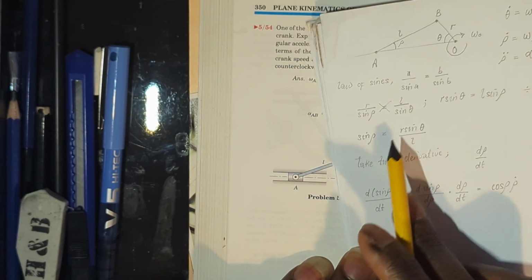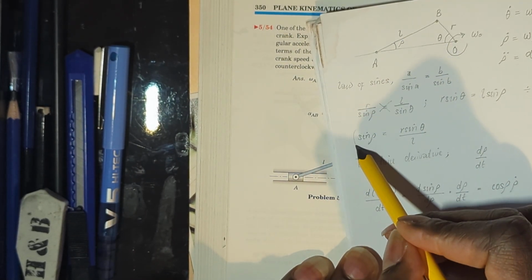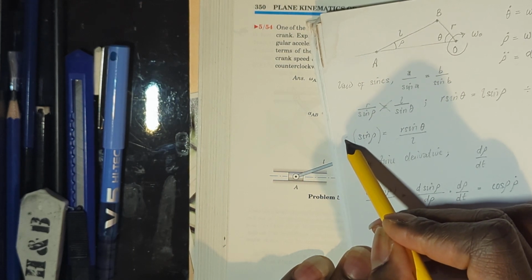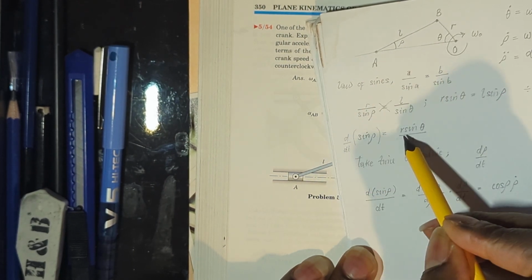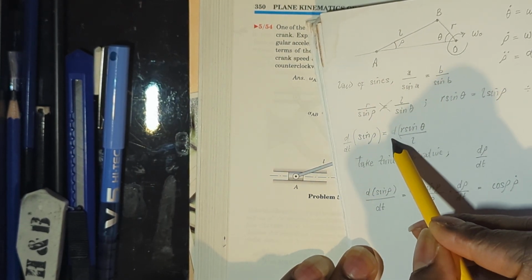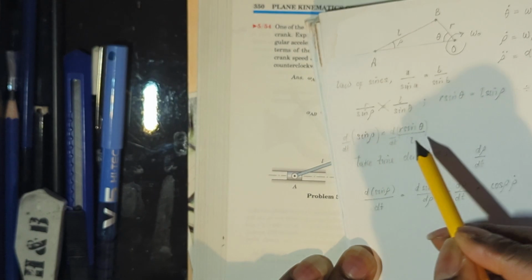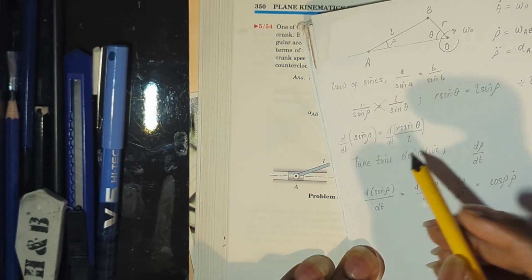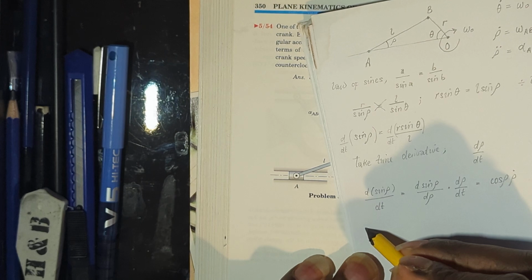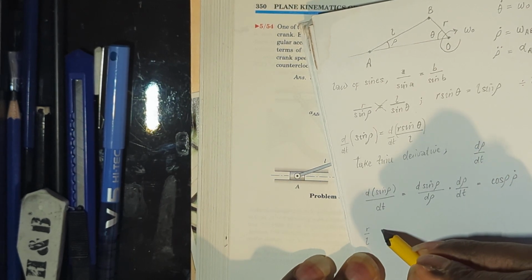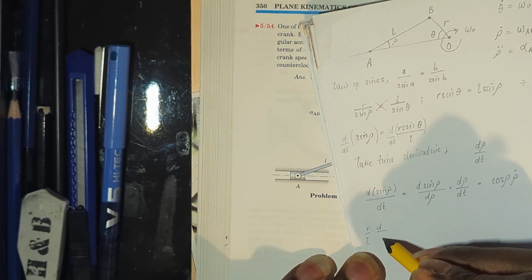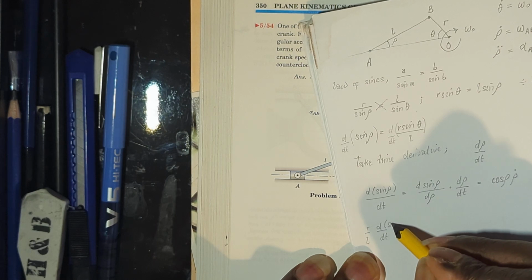So I've taken the derivative of the left side. Now I have to do the same to the right side. R and L are constant, so I can bring them out. So this is R over L times d dt of sine theta.